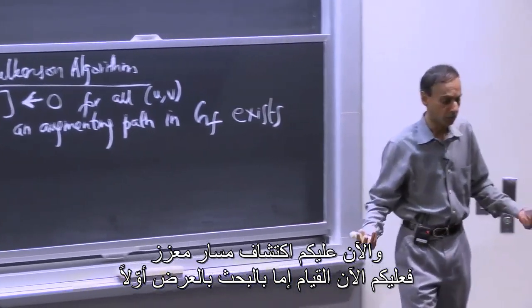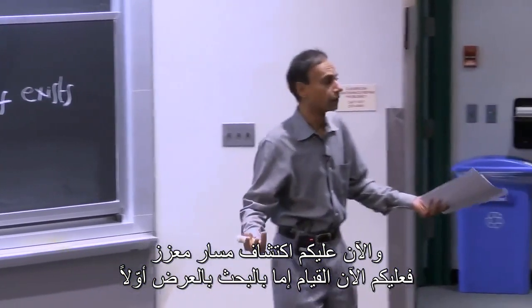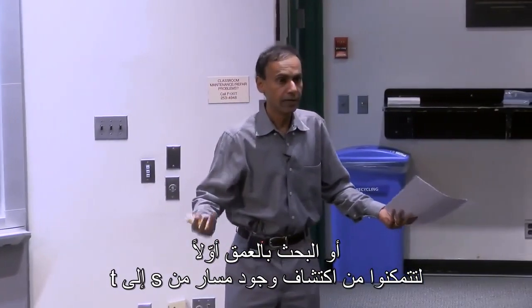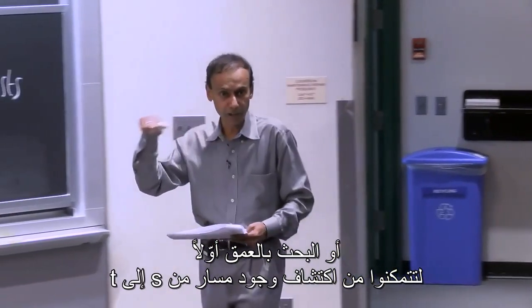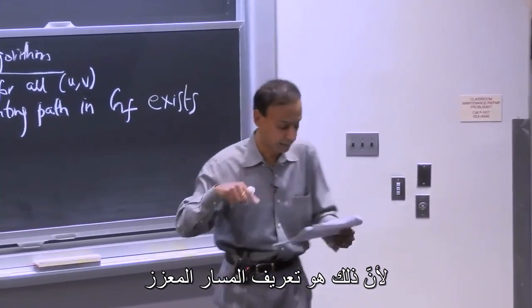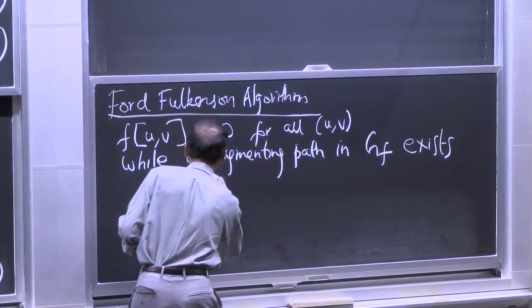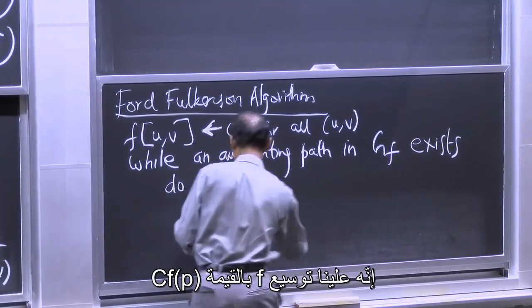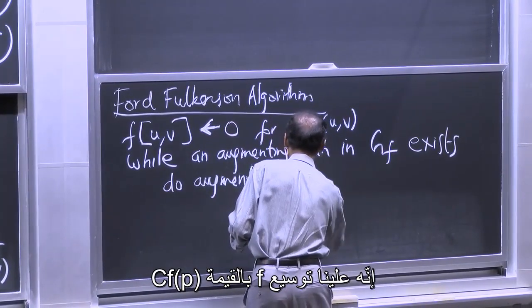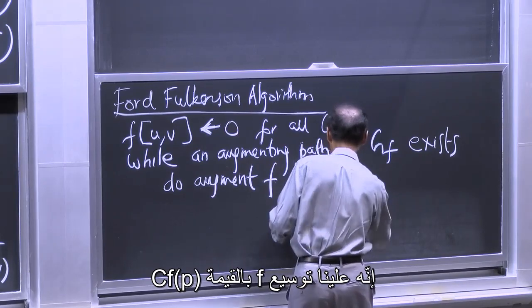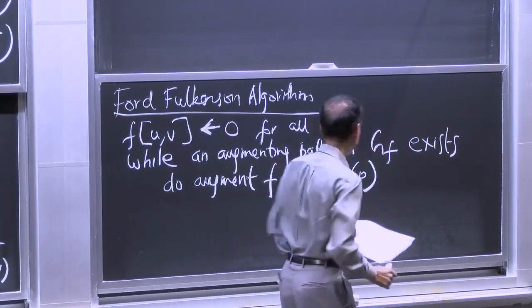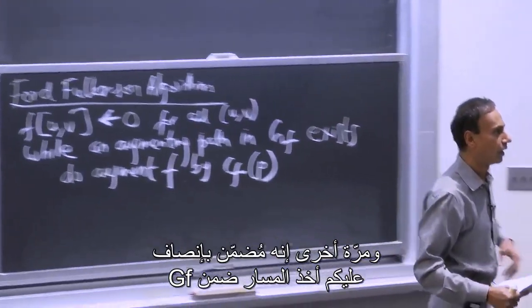So you have to now do either breadth first search or depth first search in order to discover whether there's a path from S to T, because that's the definition of an augmenting path. And then the last line of code says augment f by c_f of p. Right? And again, this is fairly involved.